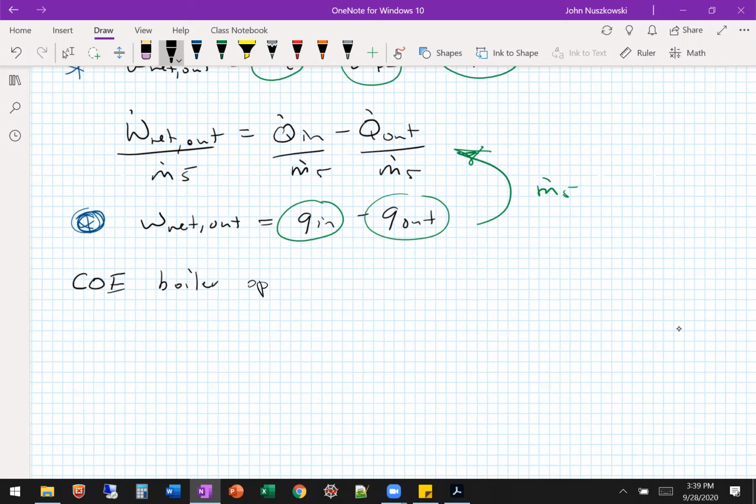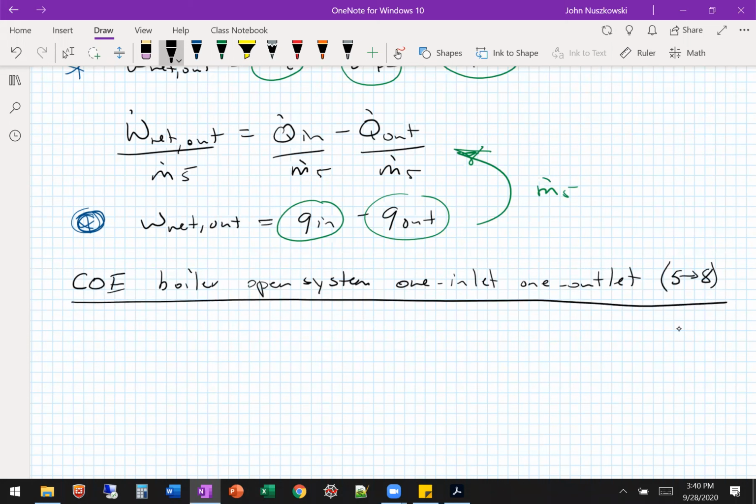It's an open system, one inlet, one outlet. So that's 5 to 8, I forgot to put that earlier. Okay, I'm going to write the COE. We assume steady state, neglecting kinetic and potential. And I left in the mass flow rate, so I didn't divide out mass flow rate yet, okay?